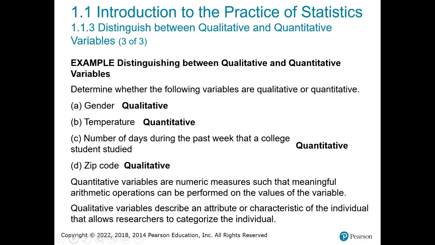Other things like jersey numbers. If I look up on a basketball team, it would not make any sense for me to say, what's the average number on a jersey? I cannot do any calculations. It's qualitative. So hopefully as you work through these, they make a little bit more sense. Again, there's a few numbers that are going to be qualitative. So it isn't always just word versus number. Numbers can also be qualitative.